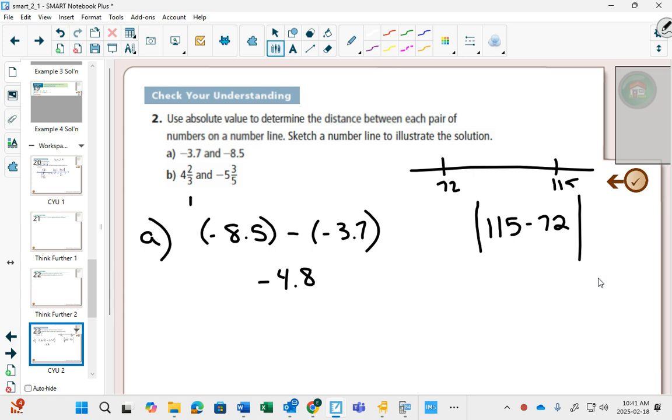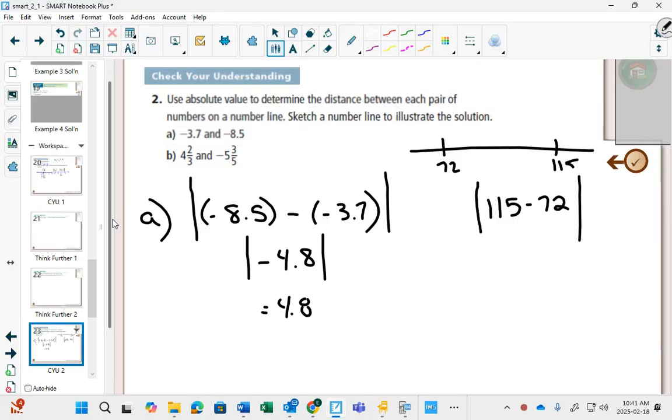So if we put absolute value bars around things, it doesn't matter which order you do it, you'll get the right answer. Because once I get to the end, I get 4.8. However, in part B, it's pretty obvious that the positive one is bigger than the smaller one. You wouldn't need the absolute values.